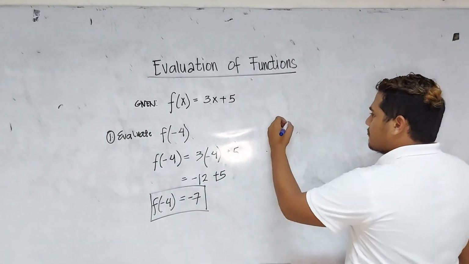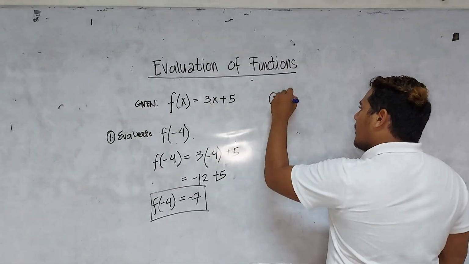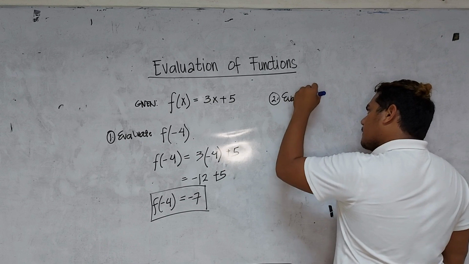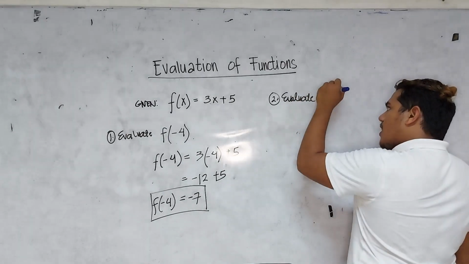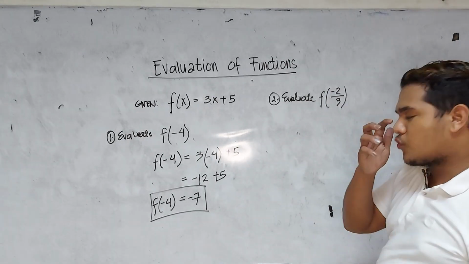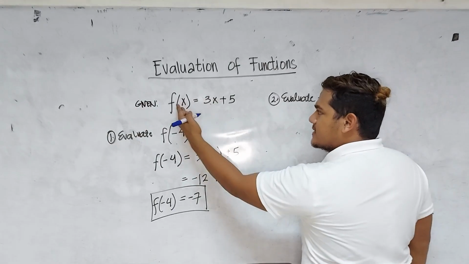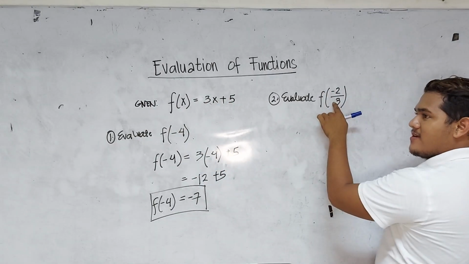Second example. Number 2. The same given, evaluate f of negative 2 over 3. How do you do that? Again, substitute all the x's with this given value of x.